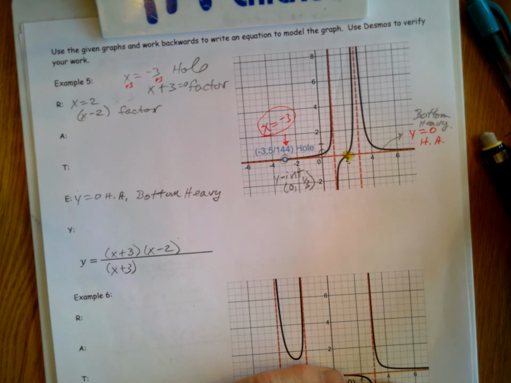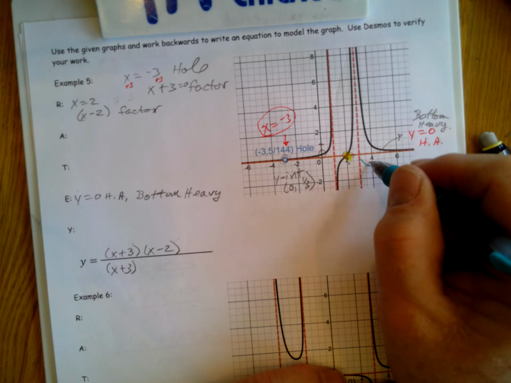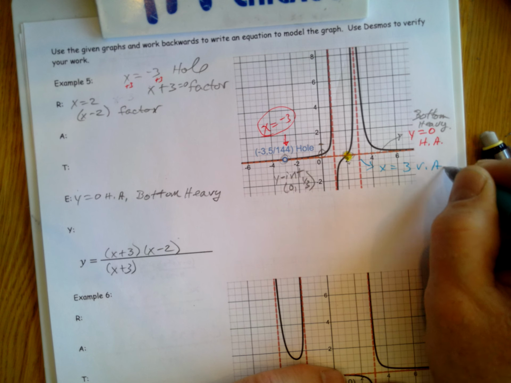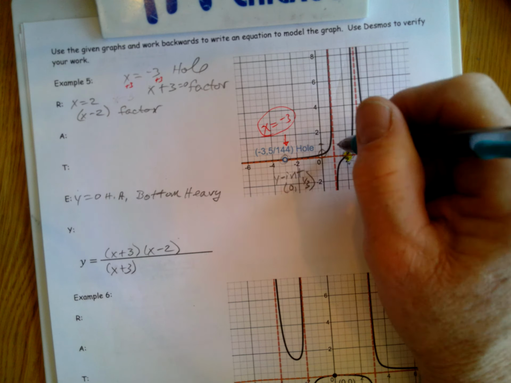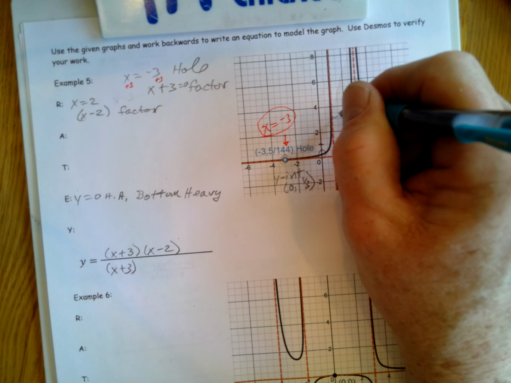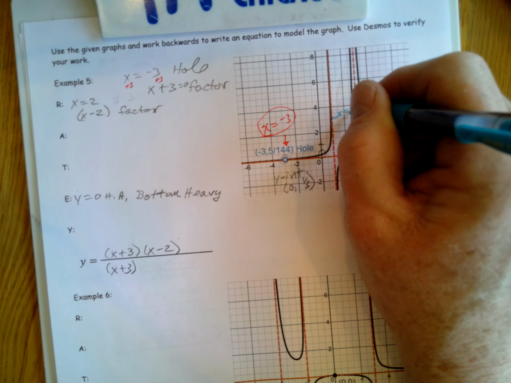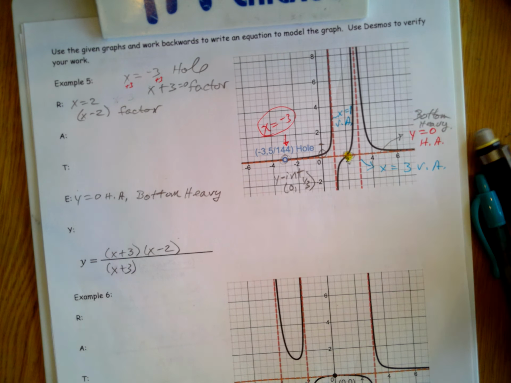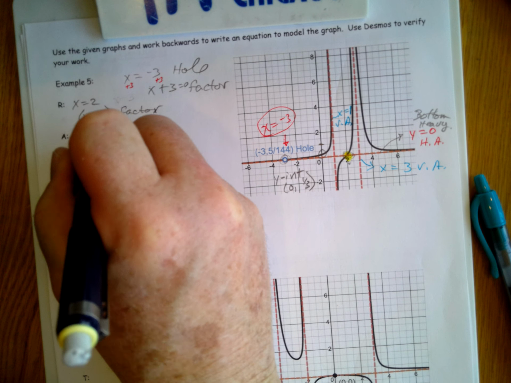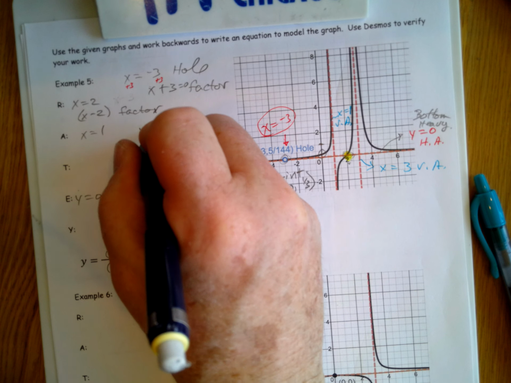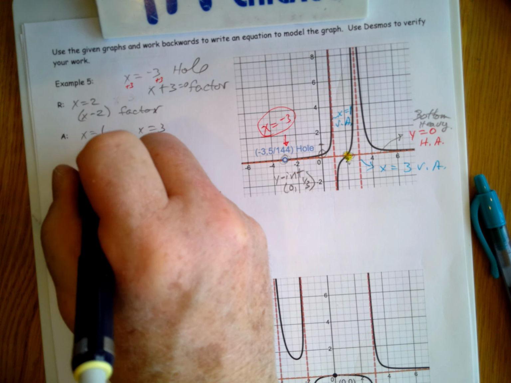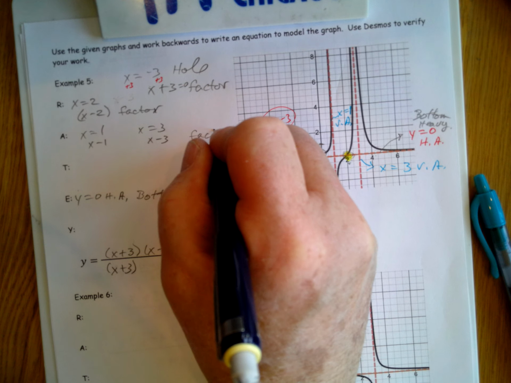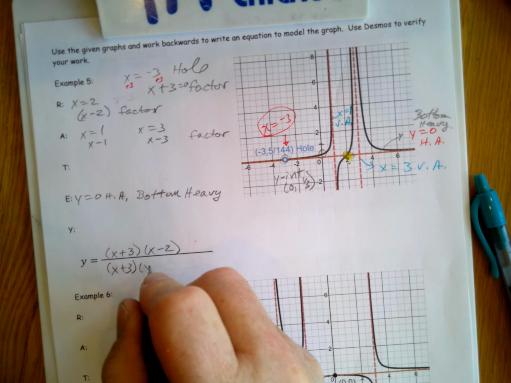This is x equal 3, and it's a VA. This guy over here is x equal 1, and it's a VA. So for my asymptotes, I know I have x equal 1, and I know I have x equal 3. So this is x minus 1, and this is x minus 3, and these are factors. Okay, so I got x minus 1, and I got x minus 3.